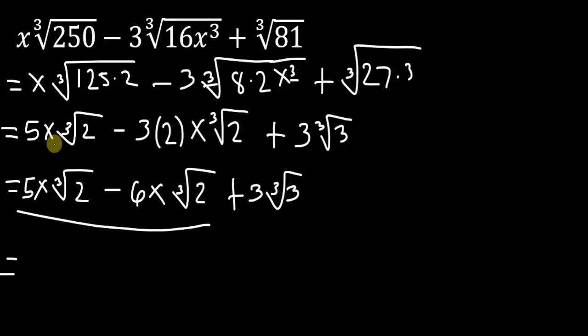So, we have 5x minus 6x. And that is negative 1x. Or, we can just write negative x. Then, copy cube root of 2. Since, iba yung radicand dito sa 3, cube root of 3, hindi natin sila pwedeng pag-adin. So, the final answer is negative x cube root of 2 plus 3 cube root of 3.